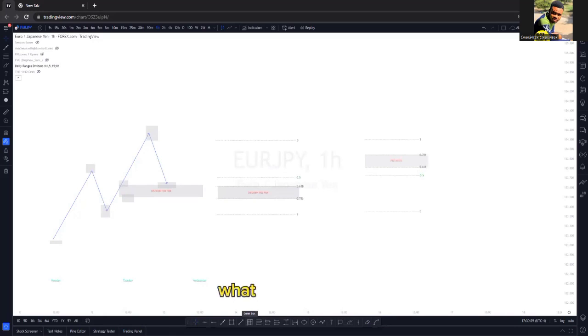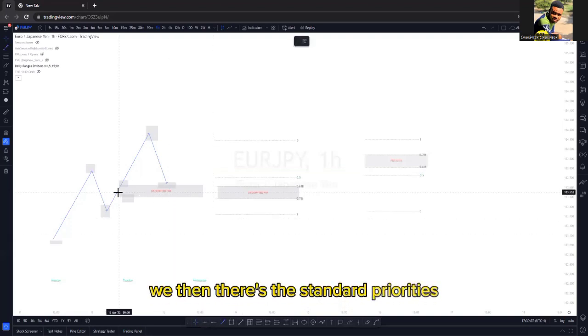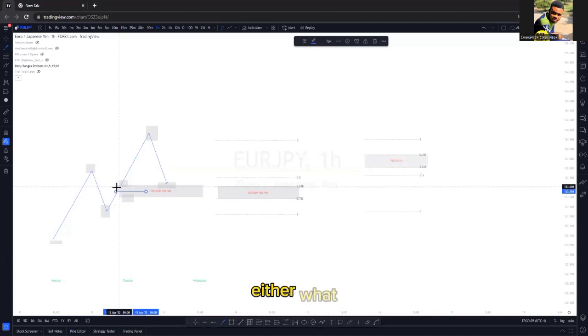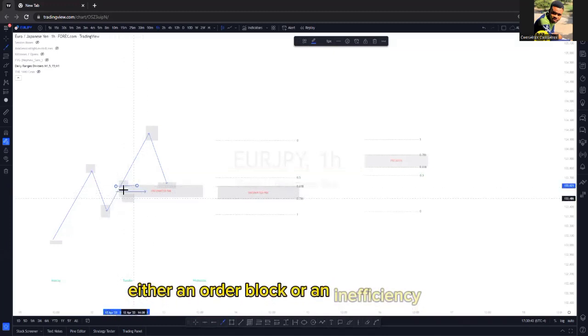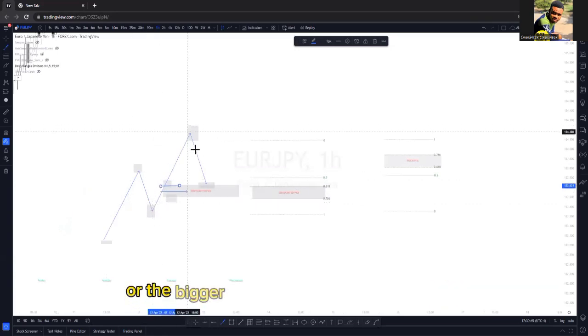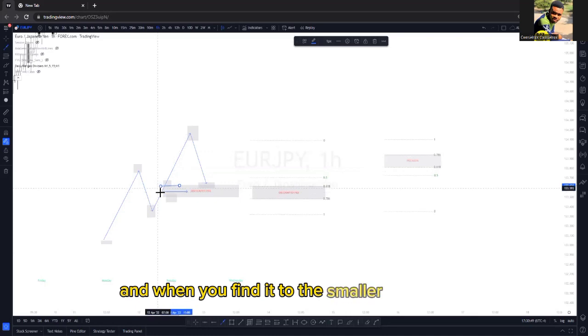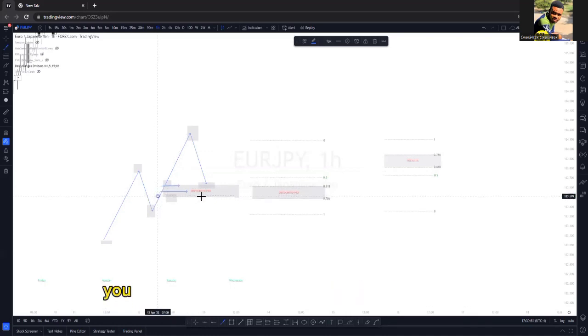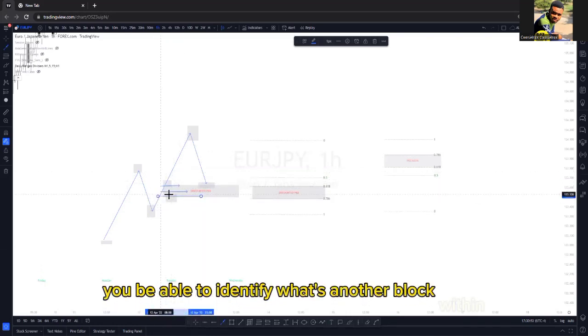So we start looking for our point of interest within this discounted price, which can be either an order block or an inefficiency, or on the bigger time frame, it can be an inefficiency. Then when you find it, you go to the smaller time frame and identify another block within.